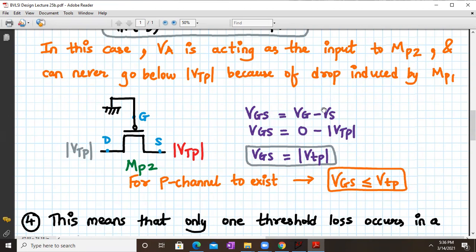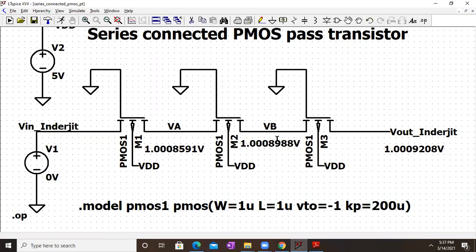VS value has to be mod of VTP. If VS is 0, then the VGS value will also be 0, which we cannot let happen, right? Hence, your VS value has to be mod of VTP for a P channel to exist. That's why over here, VB voltage is also 1 volt. VTO is the same as VTP, which is minus 1, so your VB is mod of VTP, which is 1 volt.